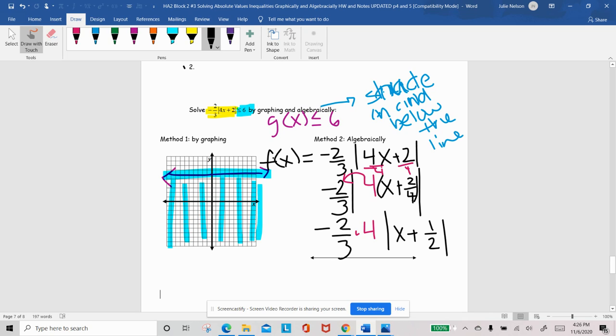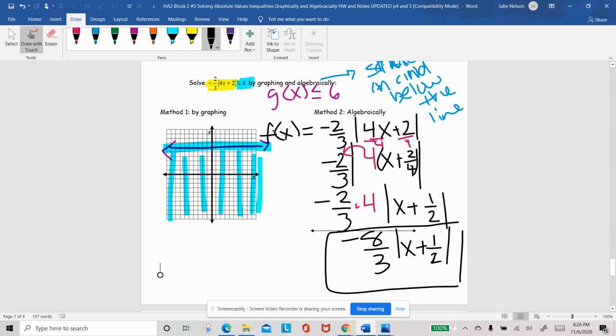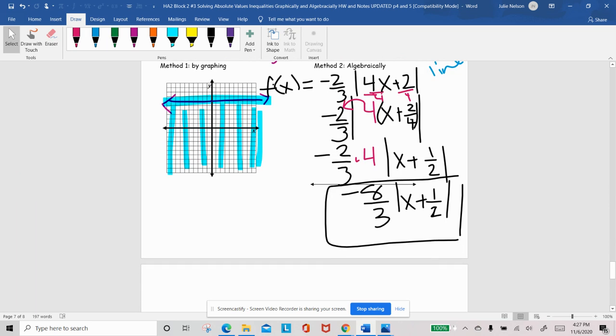So any numbers that I have outside are multiplying. So negative 2/3 times 4 happens to be negative 8/3. So negative 8/3 times the absolute value of x plus half. So I want to know, where is my vertex?